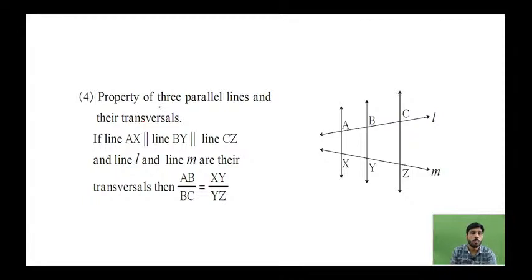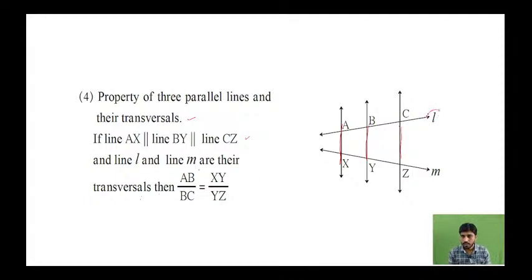And fourth was the property of three parallel lines and their transversals. This theorem says if line AX is parallel to line BY, and that line is also parallel to CZ, means all these three lines are parallel to each other, and line L and line M are their transversals.